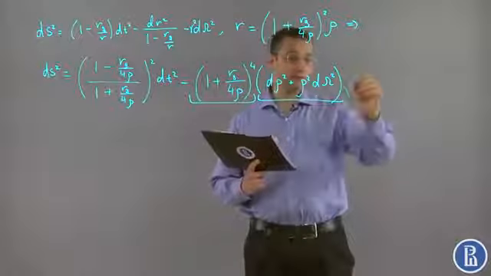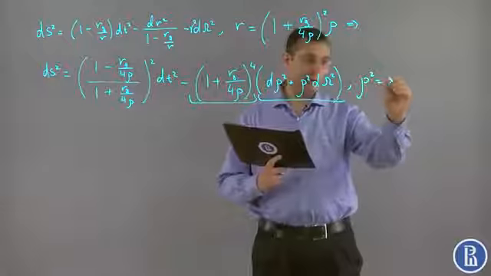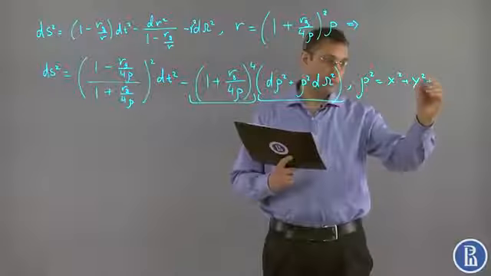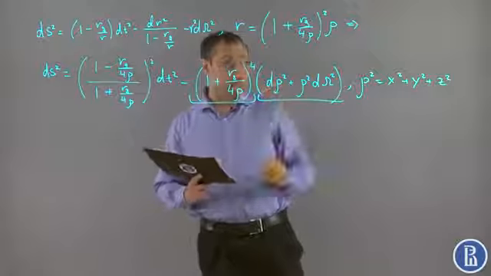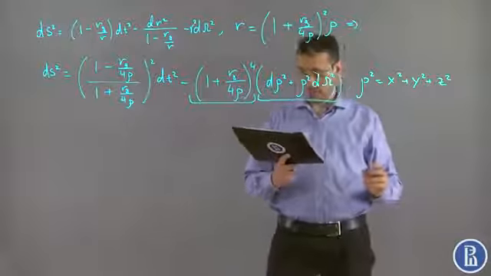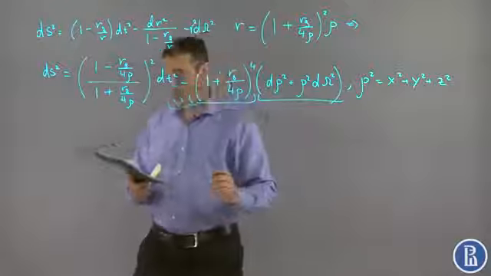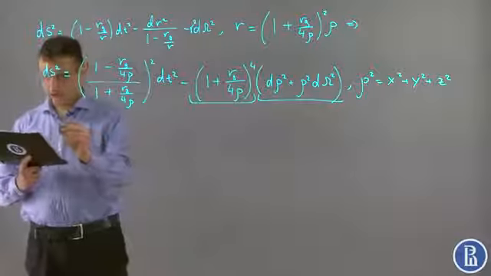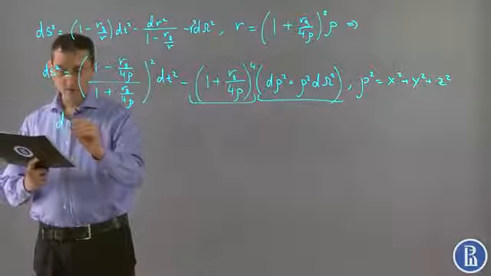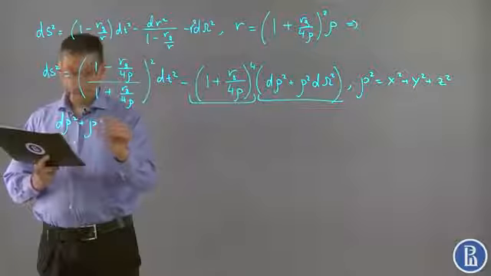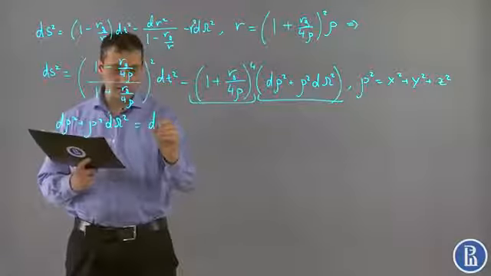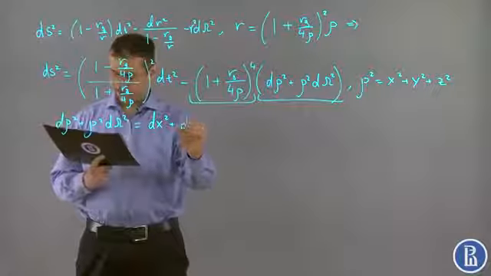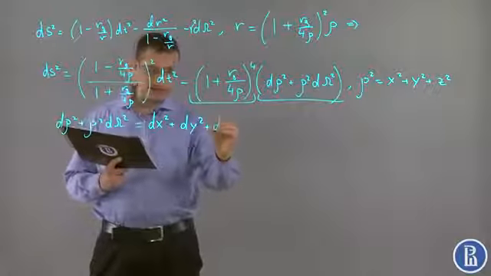If we represent rho squared as x squared plus y squared plus z squared, we can make the spatial part of this metric Cartesian, such that d rho squared plus rho squared d omega squared is equal to dx squared plus dy squared plus dz squared.